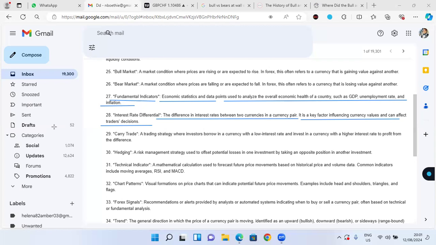If you use leverage and buy a currency with high interest and sell a currency with low interest, you will be paid overnight swap. That is what is known as swap. You earn swap because you borrowed money and invested it into a currency that has a high interest, high return, okay?